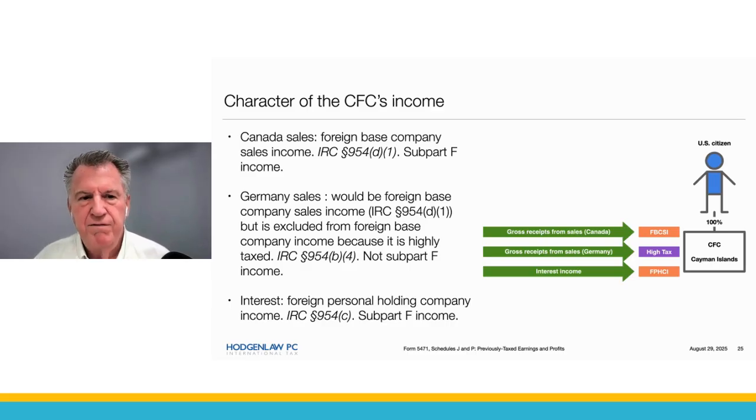There's also foreign-based company services income, where instead of sales, with one leg of the transaction, a related party as a buyer of a thing, on services, one leg of the transaction is a related party with respect to services, either the buyer or the seller. So anyway, again, we go through the same exercise. Foreign-based company sales income is foreign-based company income is subpart F income is gross income to the U.S. citizen shareholder.